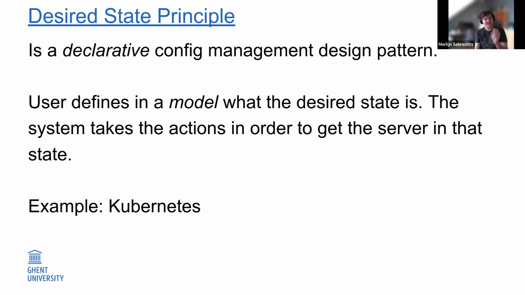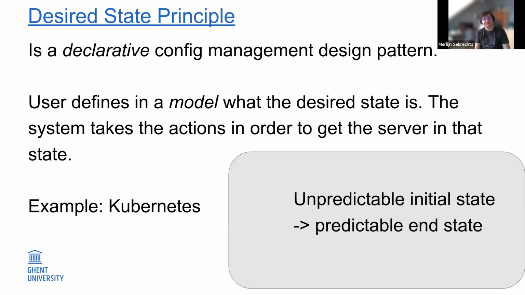So the desired state principle is a declarative configuration management design pattern. The user describes a model of what the desired state is, and the system takes the actions in order to get the server into that state. Kubernetes is a great example of a system administration tool that uses the desired state principle.